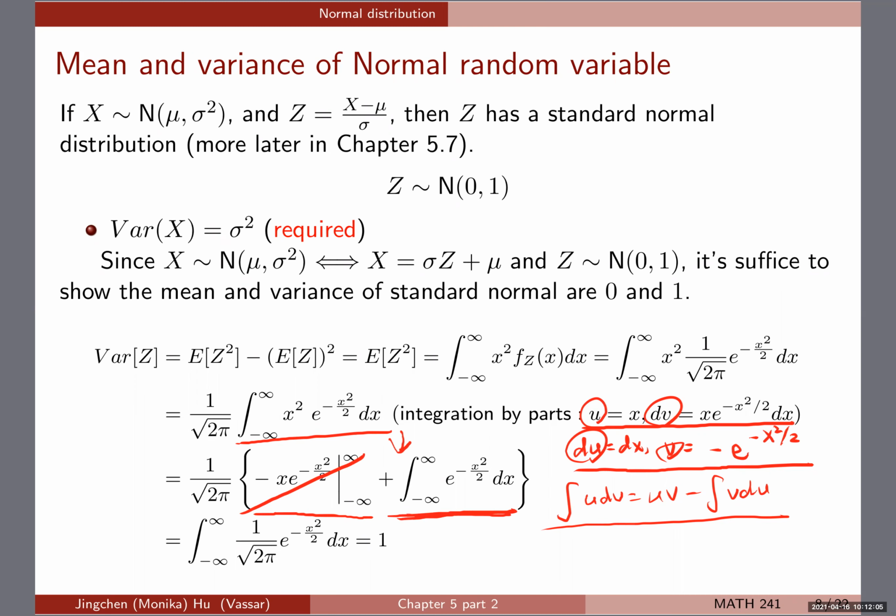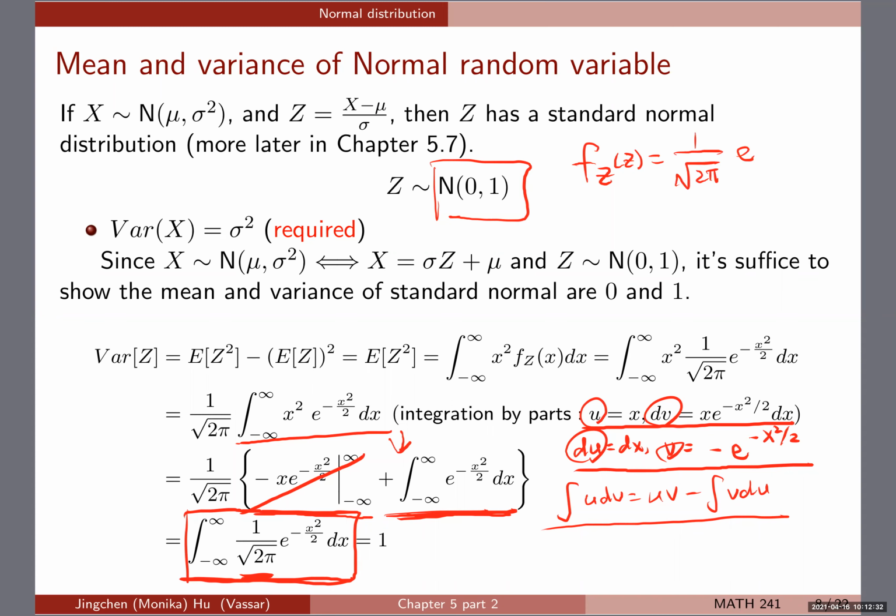And then this part, together with the constant 1 over the square root of 2 pi in front of it, is exactly the integral of the standard normal PDF. So if you remember what I wrote earlier, this is e to the negative z squared over 2.